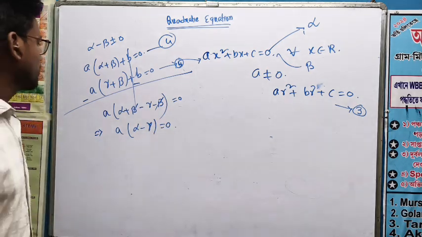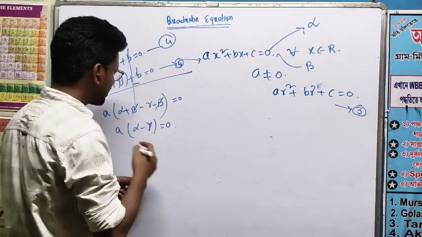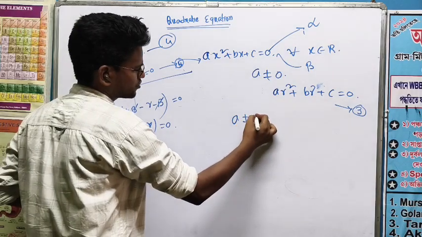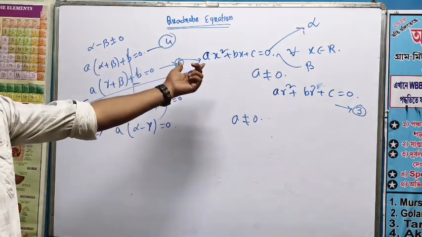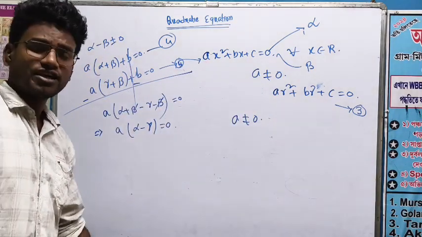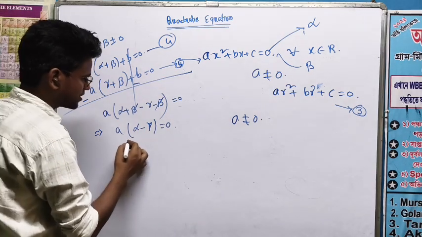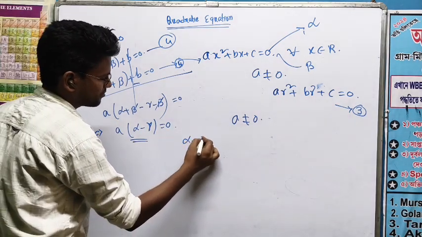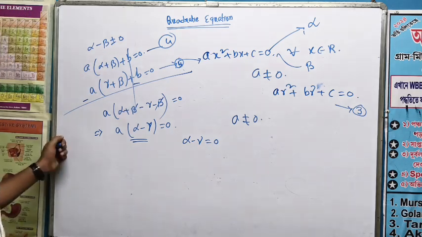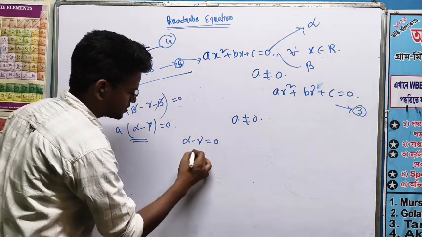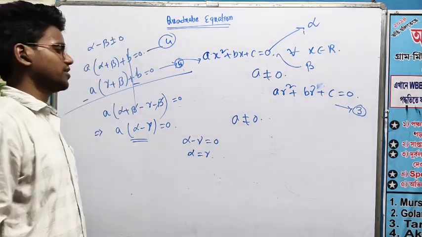And obviously we know that a is not equal to 0 because this is a quadratic equation. So alpha minus beta, alpha minus gamma equals 0. That means alpha equals gamma, okay.